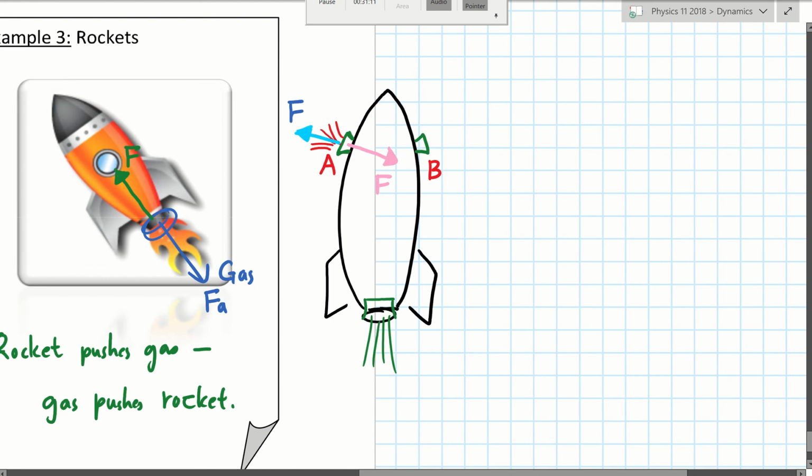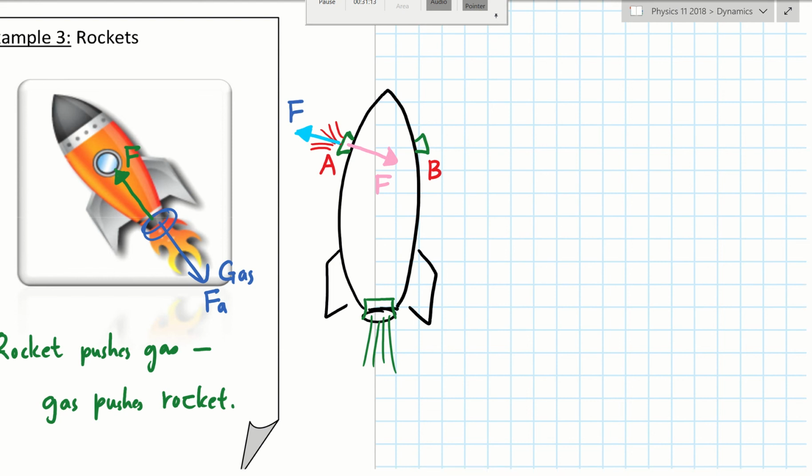So the gas pushed the rocket to the right, the rocket pushed the gas to the left, and the rocket ends up turning right. So every time you try to make a direction change, you actually need to fire a tiny little propeller in the opposite direction that you wanted to go. If you want to go forward, fire a propeller that points backward. If you want to turn left, fire a propeller that turns right.